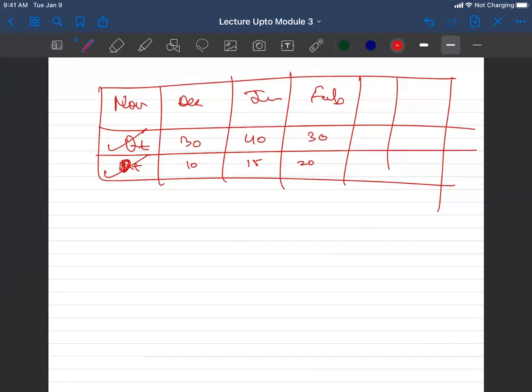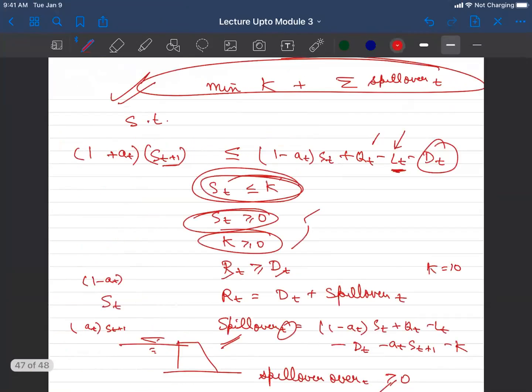If your Q is not equal to demand, or if your Q is lesser than demand, then you really don't need to solve all these optimization problems because a solution would not exist. Why would it not exist? At some point, this constraint would be violated. You cannot always have a release greater than or equal to demand unless you have a buffer stock.